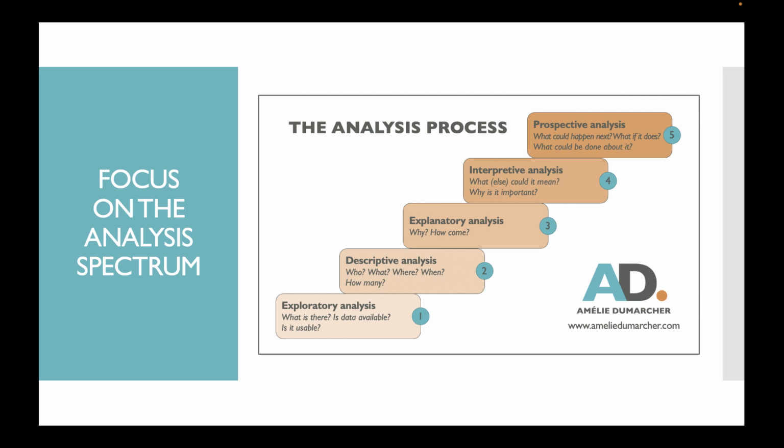So we've seen that different kind of data can answer different kind of questions. And here you see this is especially important to climb from step 2 to 3, because you need to go from descriptive questions like who, what, where, when, how many, to the next question, why, how come, which are more explanatory.